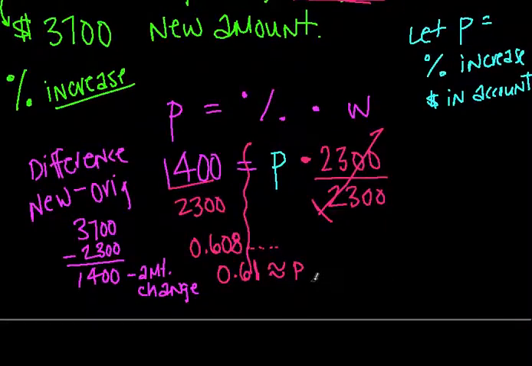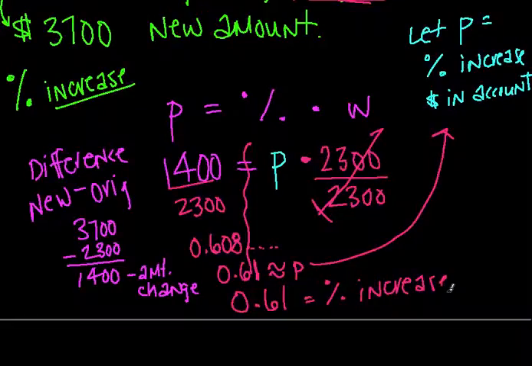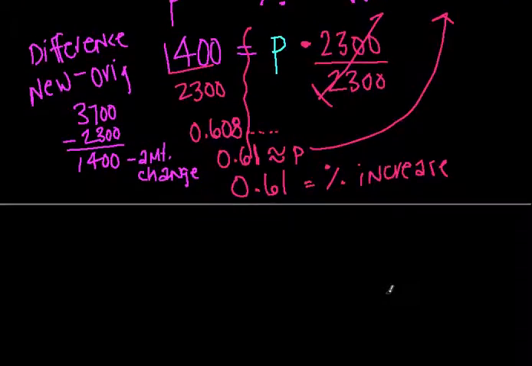And then we see, okay, this is P, but what's P? So that's when we know to look back at our let statement. And we see that 0.61 is the percent increase in the account. We also notice that this is looking for a percent, and this is not a percent. This is a decimal.